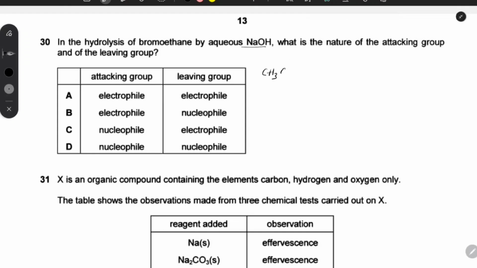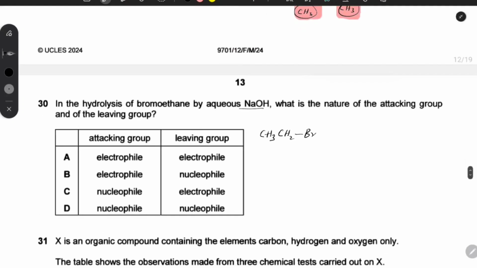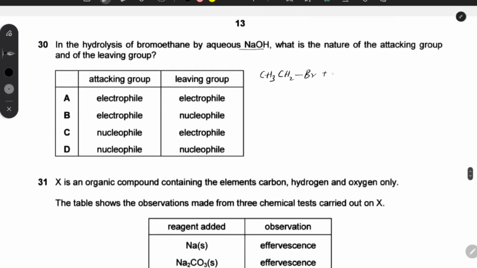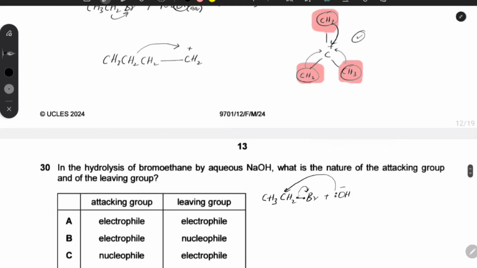So CH3CH2Br is bromoethane, and the attacking group in sodium hydroxide is OH negative, which is a nucleophile. It will attack this carbon atom that is partially positive, and as a result this bond will break, and bromine, being more electronegative, will attract this electron pair towards itself.